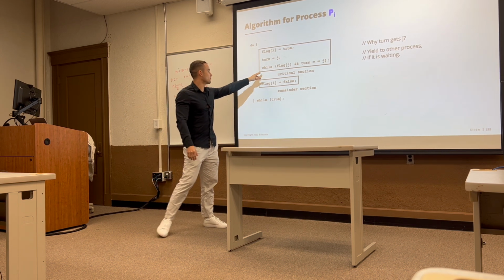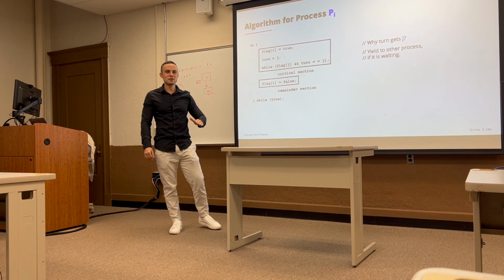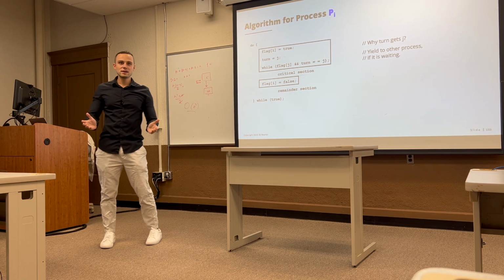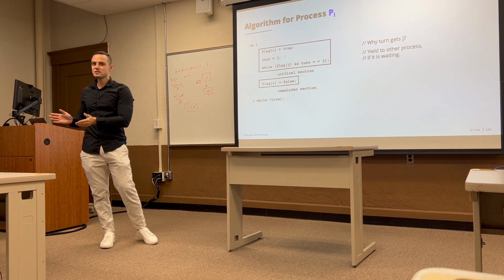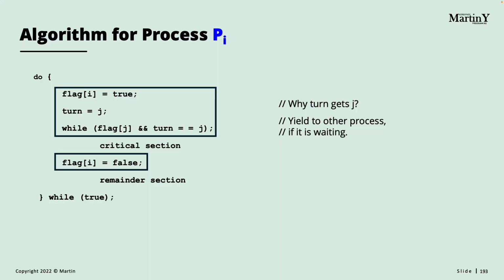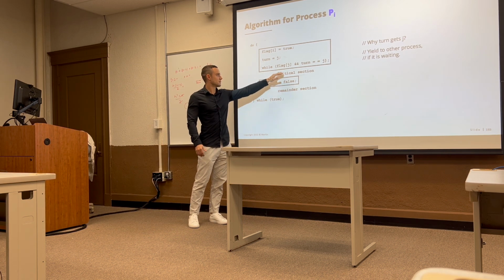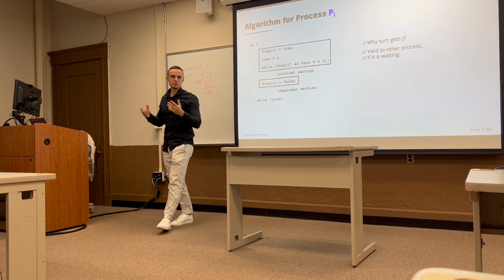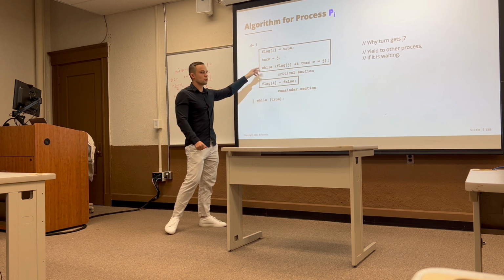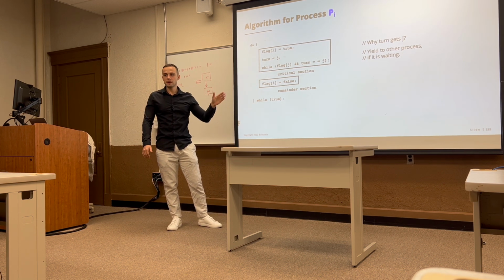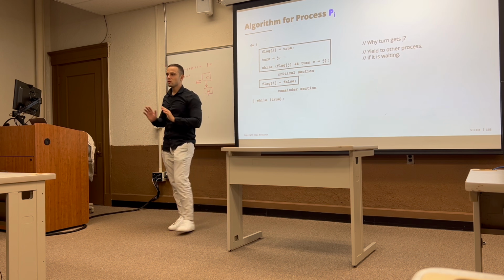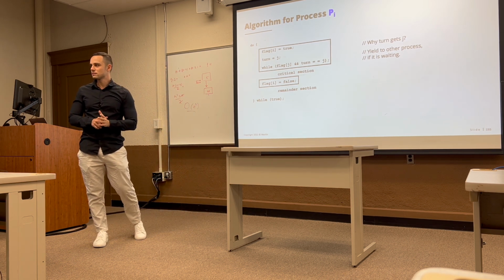So this while loop will just do one iteration and then we'll continue into the critical section. This makes sense because if no other process wants to access the same memory location, we can access it immediately. This means AND, so both of those need to be true in order to keep looping in the while loop. If there is no process J, flag J will never be equal to true, so the while loop will exit and go to the critical section because there is no other process trying to access it.